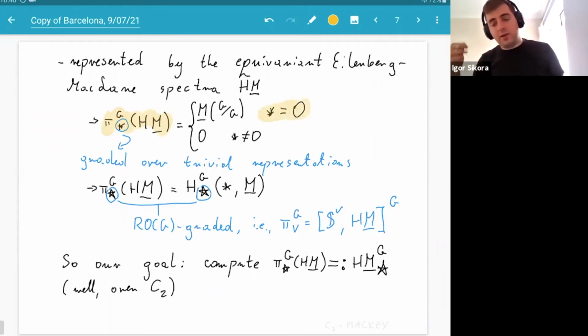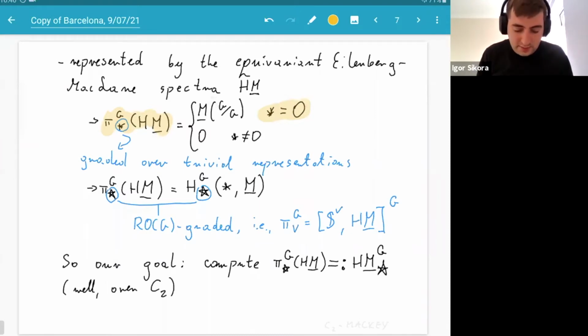So that's similar to the non-equivariant case. And the value is given by the value of the Mackey functor at the level G. However, of course, it is not true anymore when we are passing to the grading over the whole ring of representations.